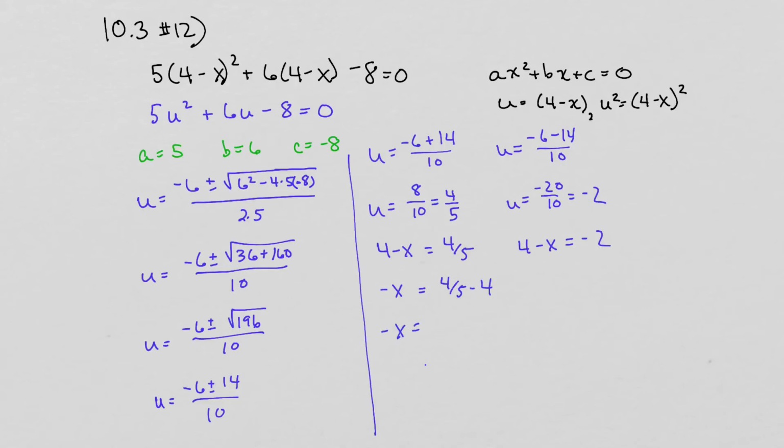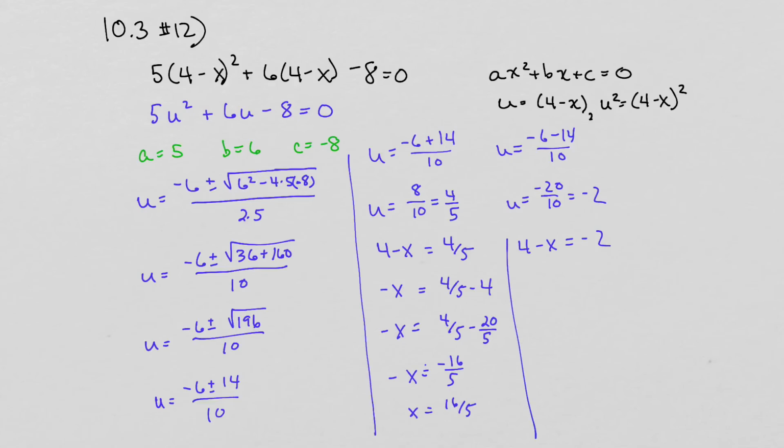So what would 4/5 be? 4/5 minus 4 would be 4/5 minus 16. Nope, thinking of the wrong denominator. 4/5 minus 20/5 for the 4. So negative x would be negative 16/5, and that makes positive x equal positive 16/5.